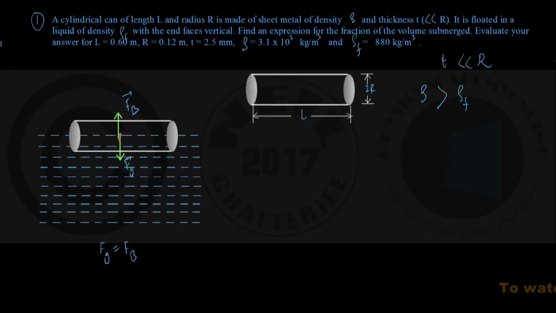Now, how to find this Fg and Fb in terms of the given parameters?